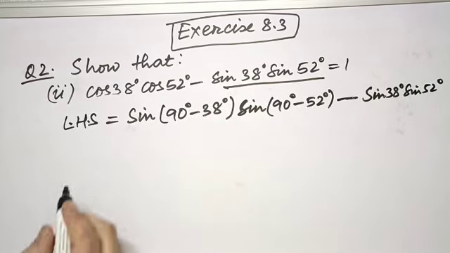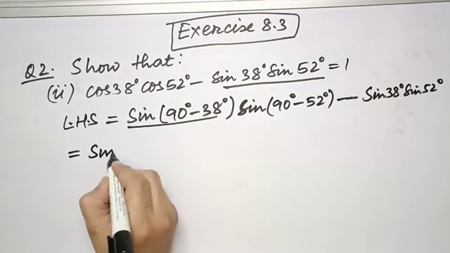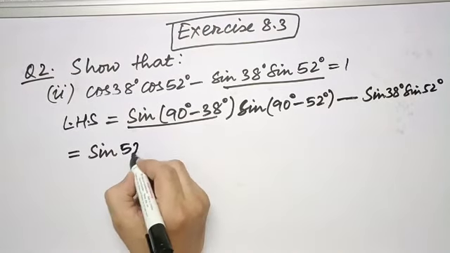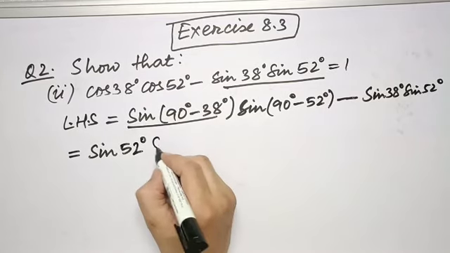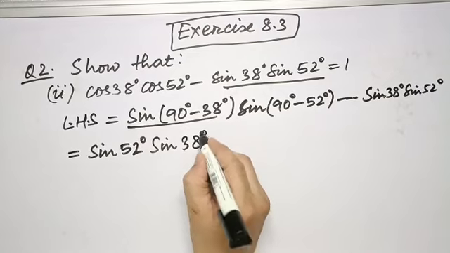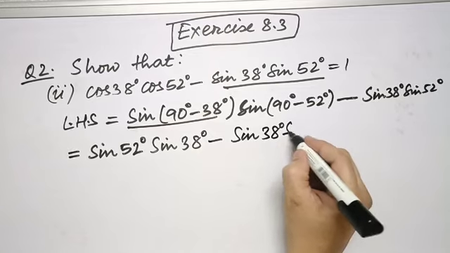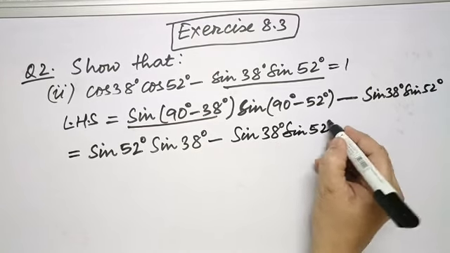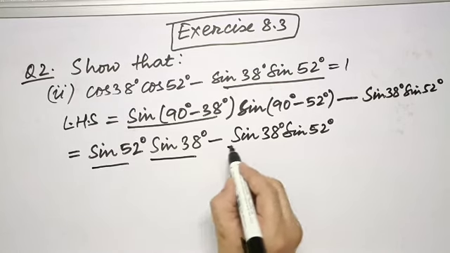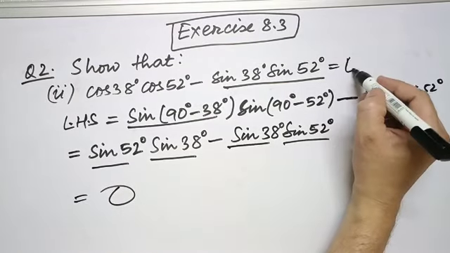This sine is going to give me sine 52, and 90 minus 52 will be 38, right? So this will be sine 38 degree and sine 52 degree. See, sine 52, sine 38, sine 38, sine 52, and if you subtract these two, you are going to get 0.